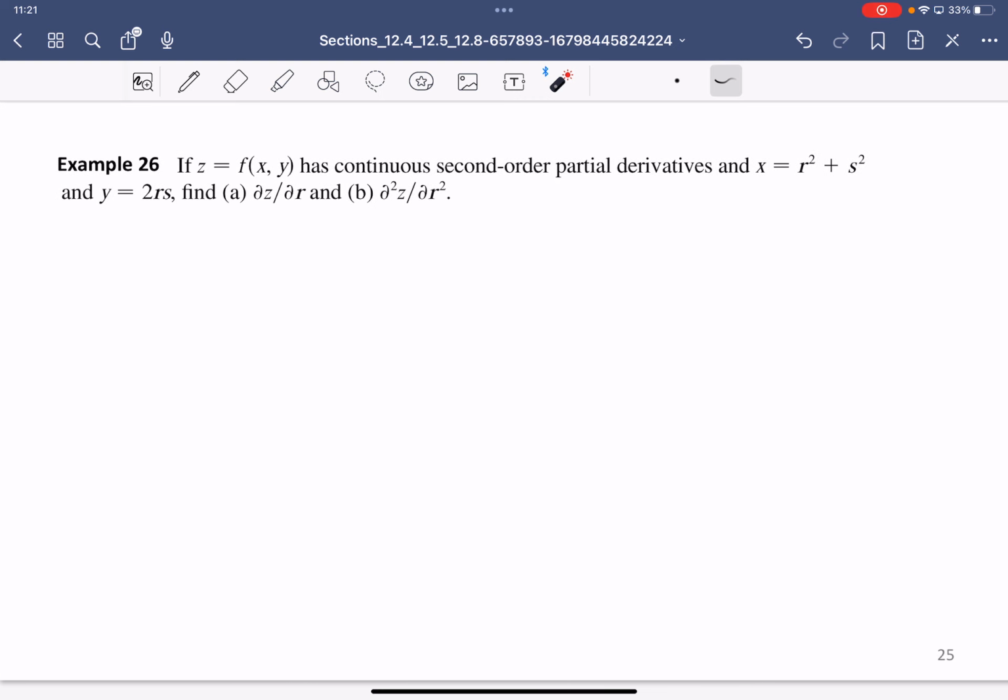Example 26: if z equals f of x, y with continuous second partial derivatives, and x equals r squared plus s squared and y equals 2rs, can you first find ∂z/∂r and ∂²z/∂r²? Part B is a little bit tedious, because you take the derivative two times, with respect to r and then r. Okay, let's do it.